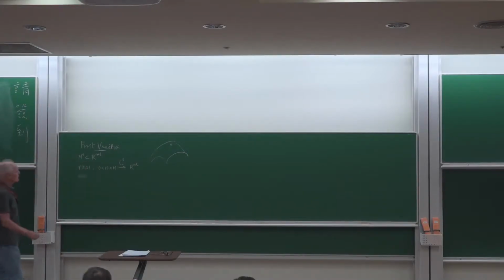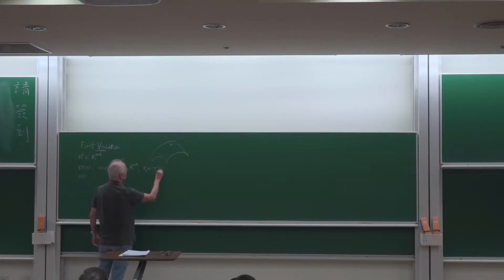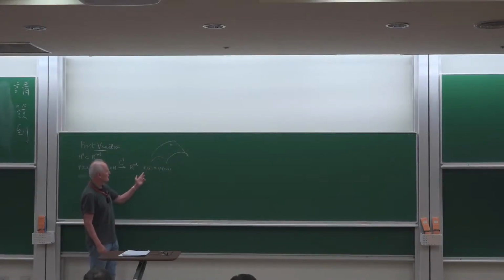We also use the notation that phi_t(x) is just phi(t, x). The point there is that when you write it this way, you're thinking of t being fixed and this being a mapping just in the x variable.